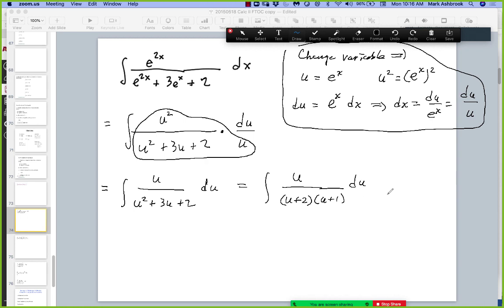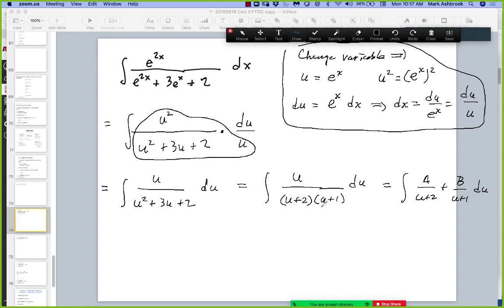And so we can use partial fractions now in terms of u. I'm going to go fast for time's sake. This is the most basic partial fractions problem that we'll see. So we're going to have a over u plus 2 plus b over u plus 1.